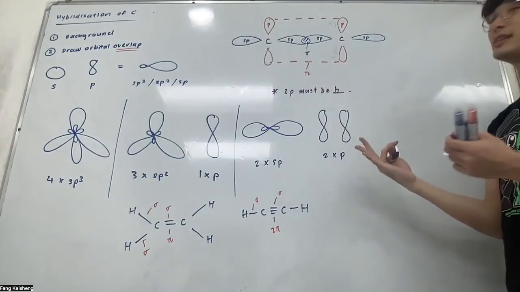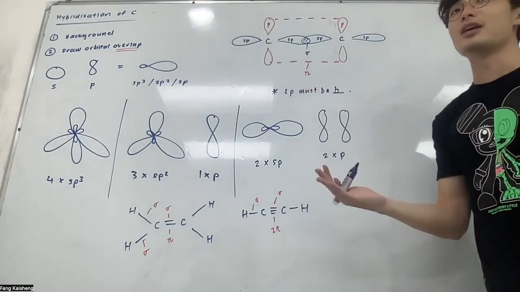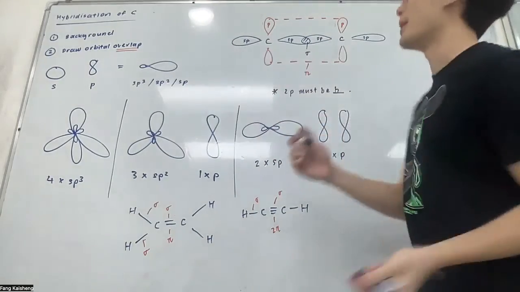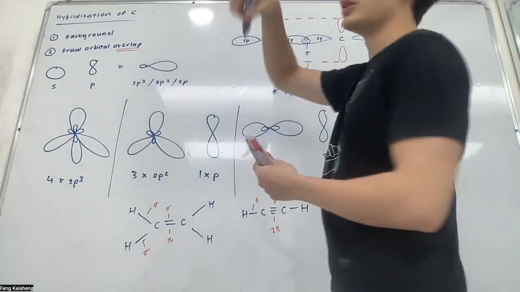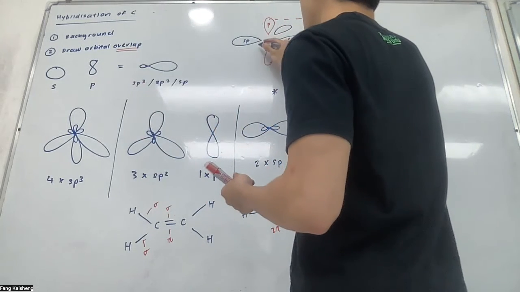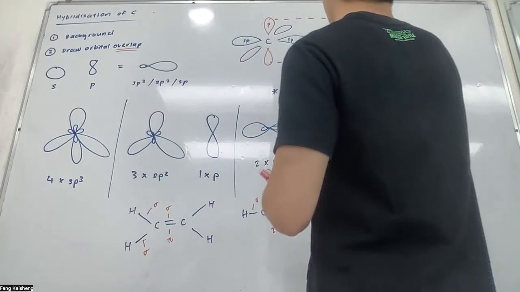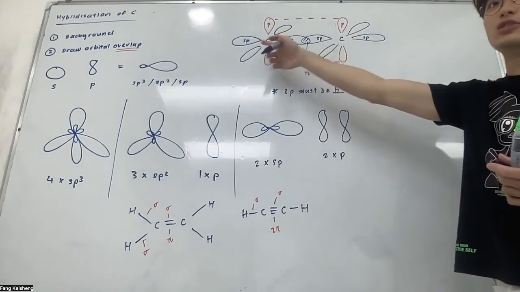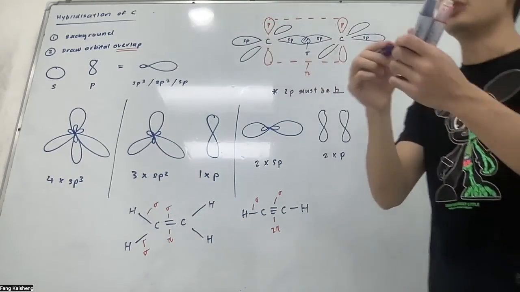Now, what does x, y, z mean? They're all in different planes, right? The x-axis and y-axis are perpendicular, and with the z-axis also perpendicular. So the p orbitals cannot exist on the same plane. If this is py, then there must be another one on, let's say, pz, but you don't need to specify that. So I'm going to draw like this. Now it looks a bit weird. It looks like it's 45 degrees, but can you see it's actually 90 degrees apart?